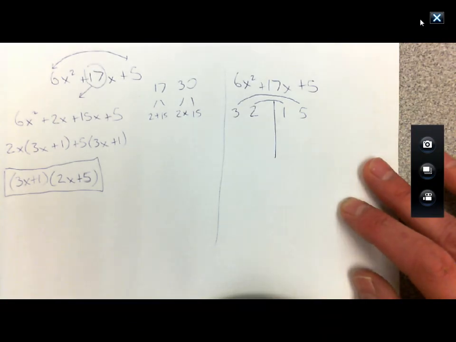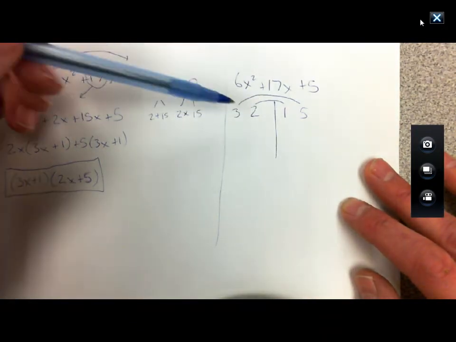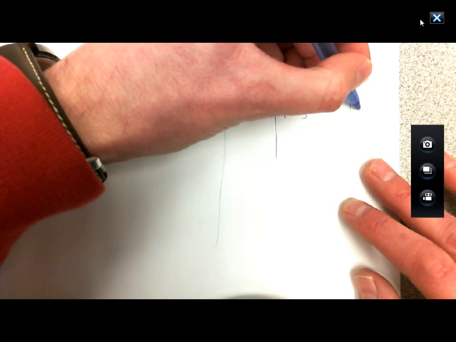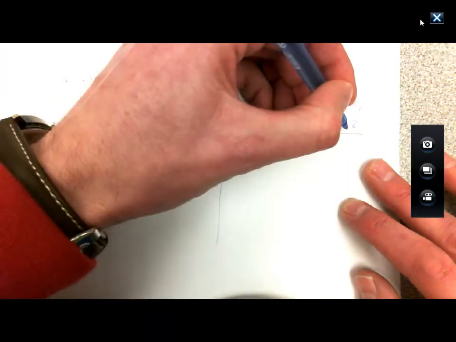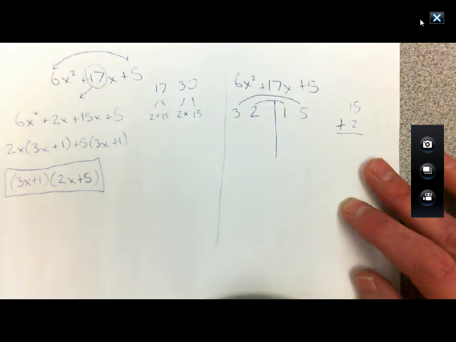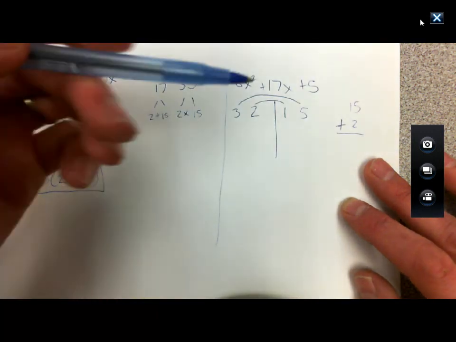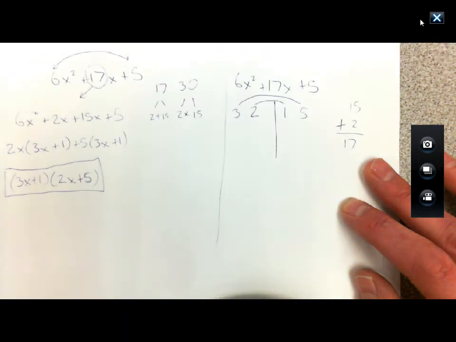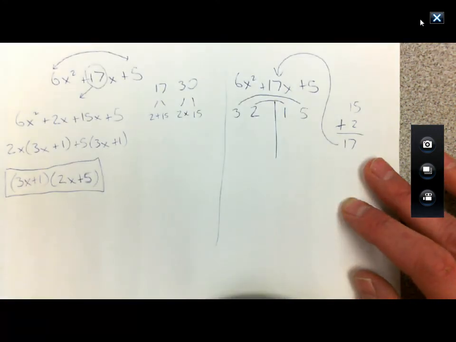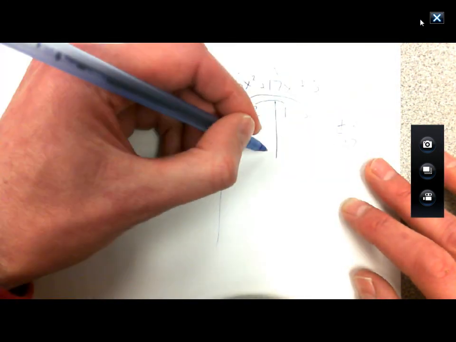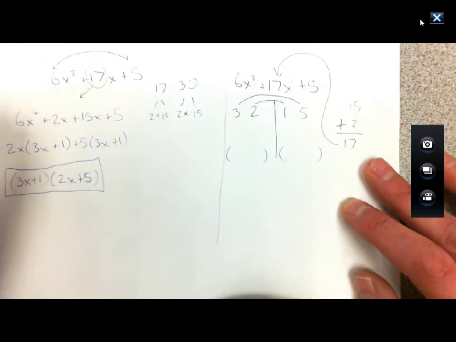We're going to do 2 times 1 and 3 times 5. So we're going to multiply the inner two terms and the outer two terms. 3 times 5 is 15, and 2 times 1 is 2. If I have the right terms, and they're in the right order, they should add to 17. Should match with that middle term there. And it does. Now I'm going to write my solution.